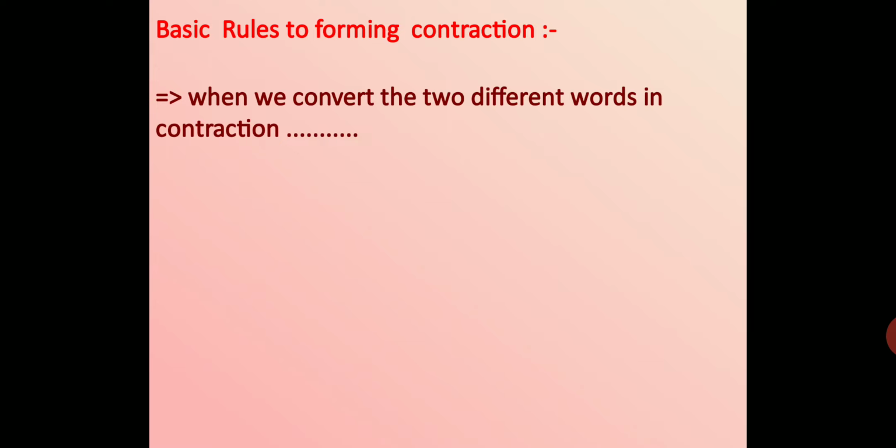Let's learn some basic rules for forming contractions. When we convert two different words into a contraction, just remember the first word always remains the same. It means whatever the two words are, the first word always remains the same. We do not change any letter from the first word.